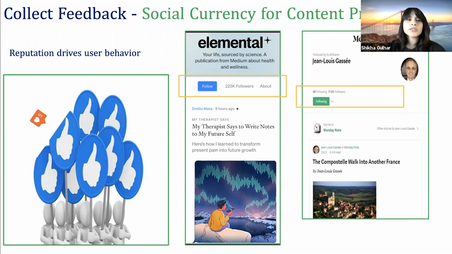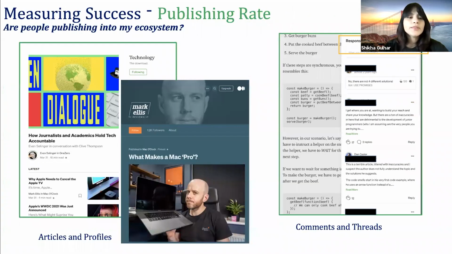Now, reputation is such a strong motivating factor that it actually induces you to create more and more content in future on the same platform. And with this, the final measure of success of this loop is the publishing rate of user-generated content on your ecosystem.